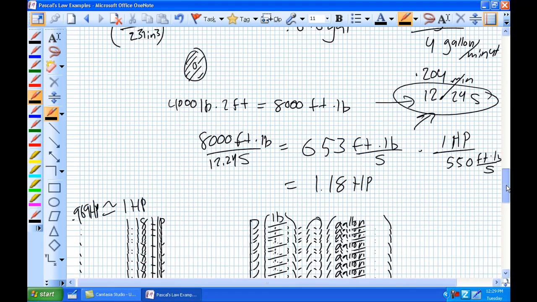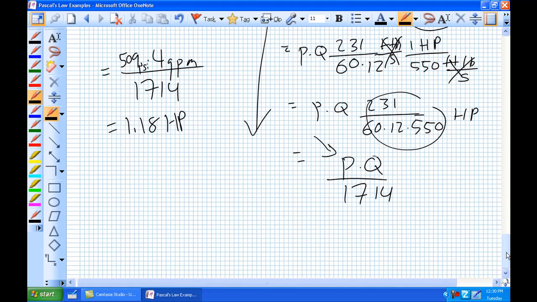And that's where we're going to end this particular example here. So pressure. We determined that our retraction pressure was 509 psi. That means basically it's 509 psi above atmospheric pressure.